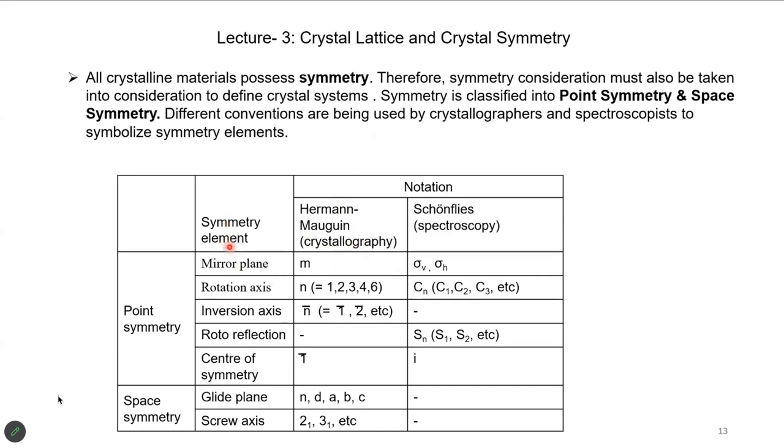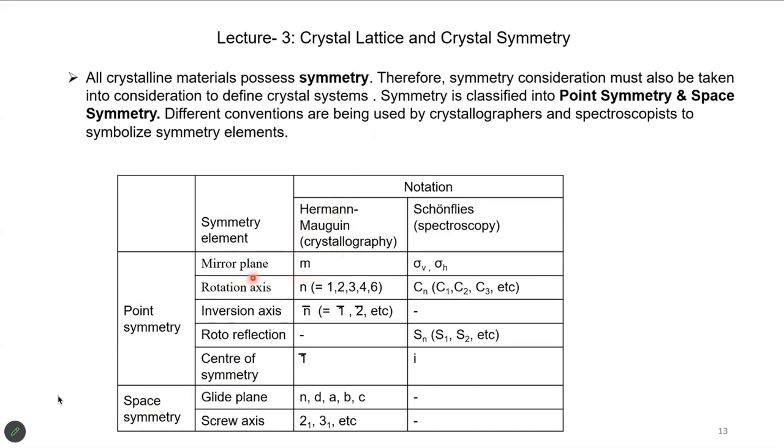So symmetry elements, here are the symmetry elements I talked about already. These are point symmetry elements: mirror plane, rotation axis, inversion axis, rotoreflection, and center of symmetry. We are not talking now about space symmetry elements. We will talk about them later.